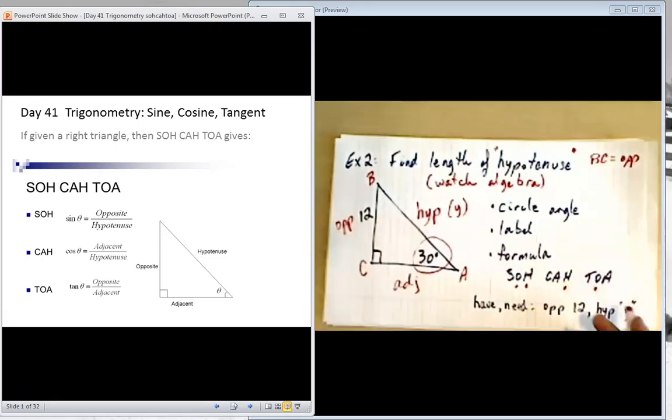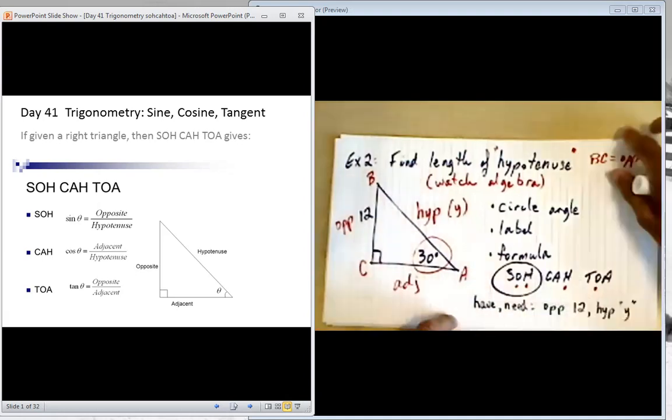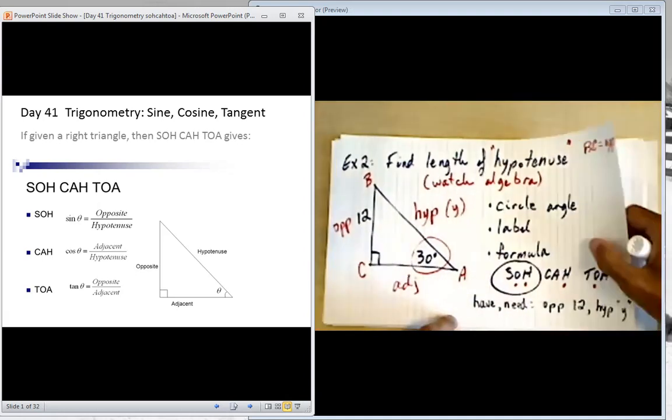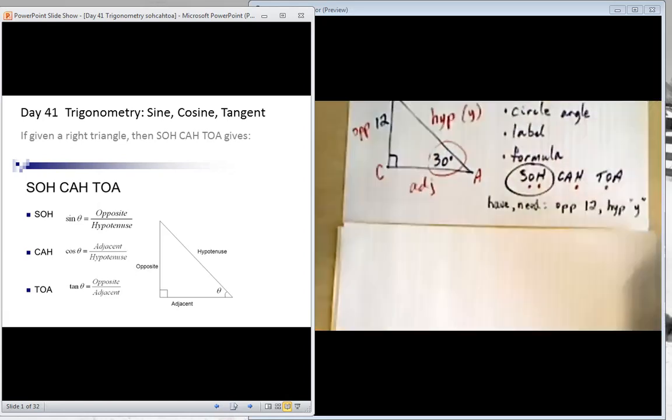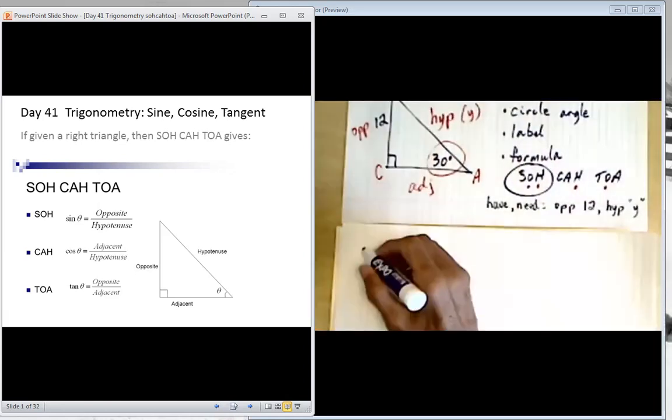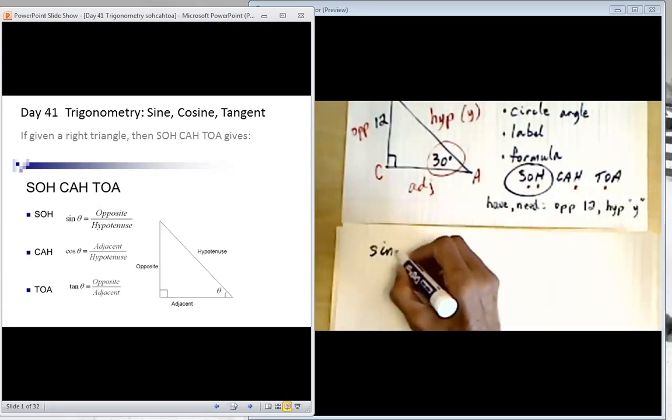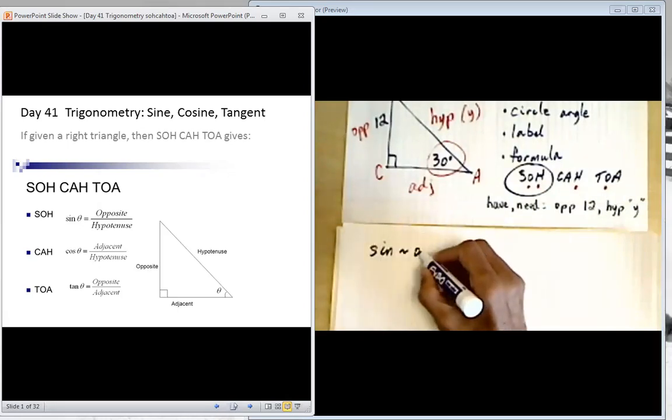So then, this shows which trig function we should be using. This shows this one. So that means we're going to set up our formula with sine now. And as you've proven already, sine is opposite over hypotenuse.